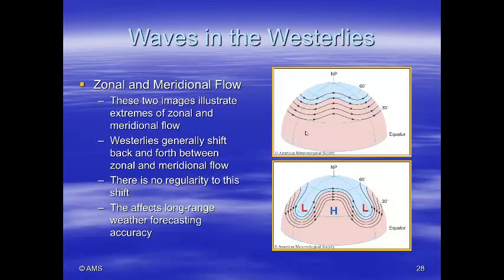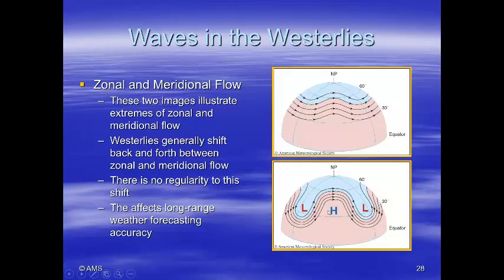So these westerlies generally shift back and forth between these two configurations, between the zonal and meridional flow. And there is no regularity to this shift. And this affects the long-range weather forecasting accuracy.